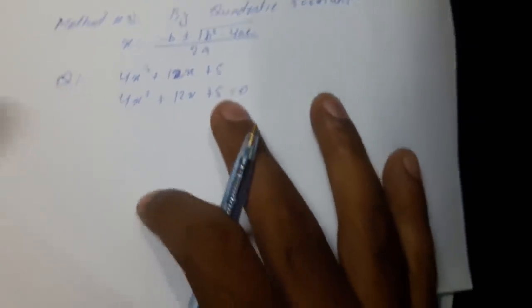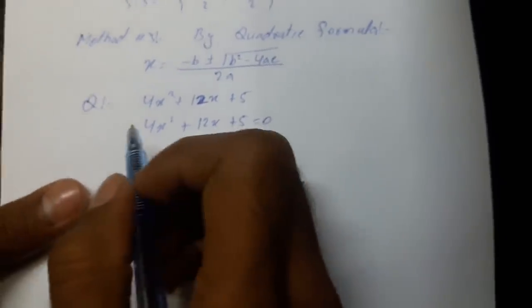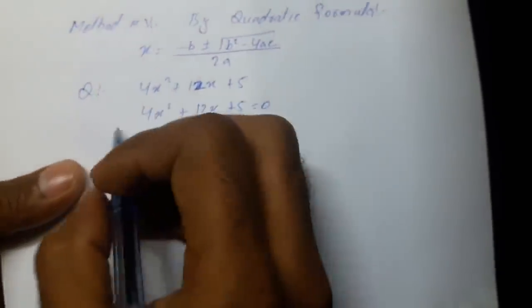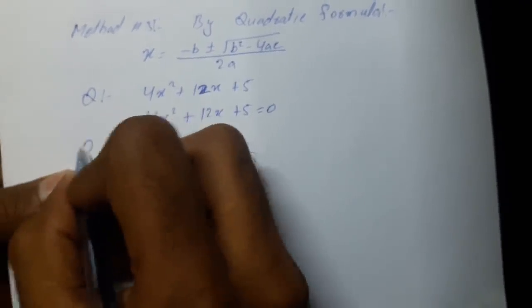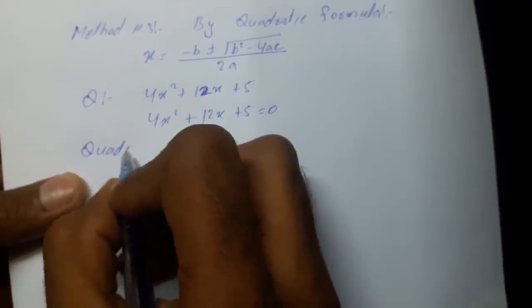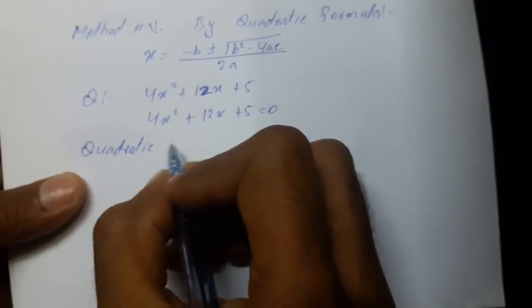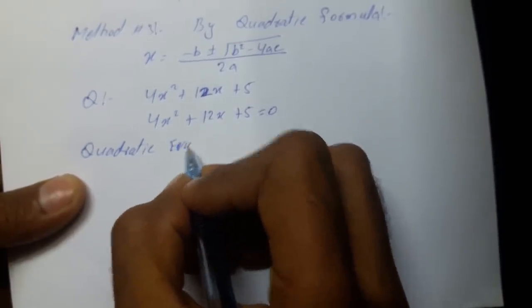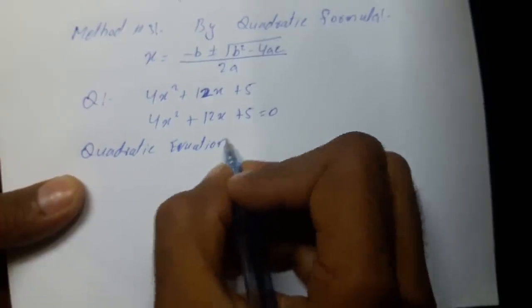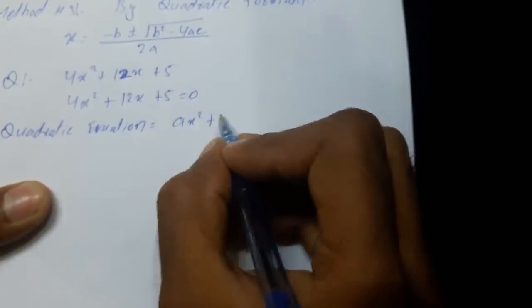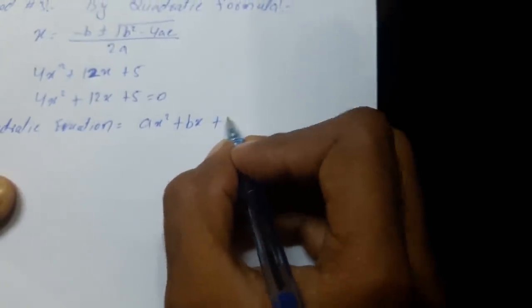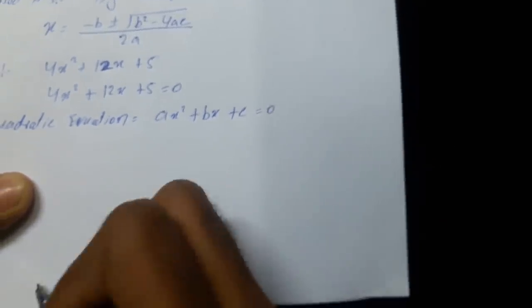You people should know the quadratic equation. If you don't know it, you should note it down and remember this. The quadratic equation is ax square plus bx plus c is equal to 0.